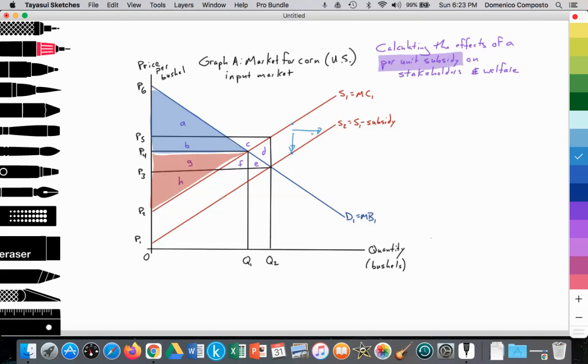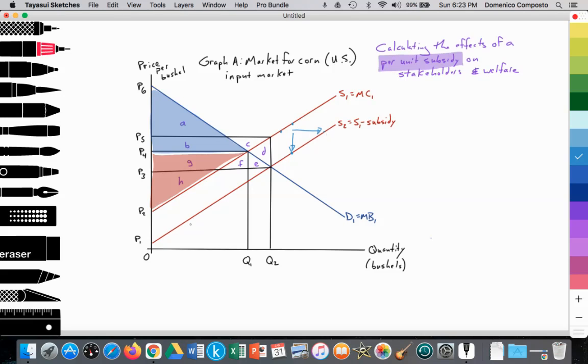And it will cause a parallel shift outward or downward by that amount, right? So we can imagine the supply curve shifting out by that amount or shifting downward by that amount. So the distance between here and here, in theory, should be equal to the distance between here and here. Okay, so you will take your ruler and carefully draw that.